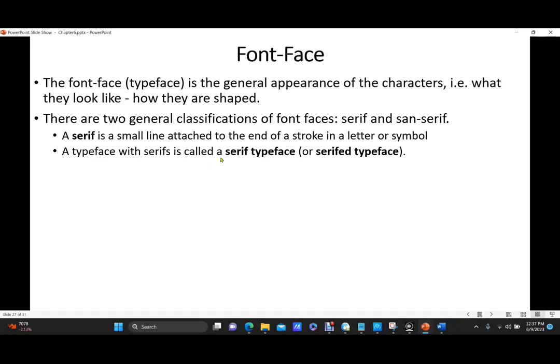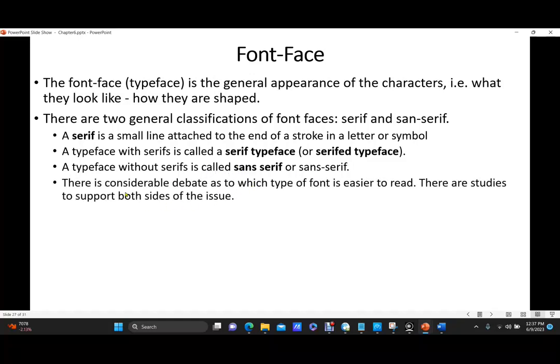Typefaces with serifs are called serif typefaces. Typefaces without serifs are called sans serif. There is debate as to which is better, which is easier to read. There are studies that support both sides of the issue.